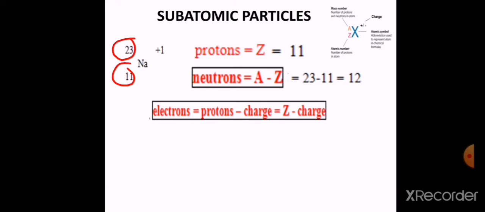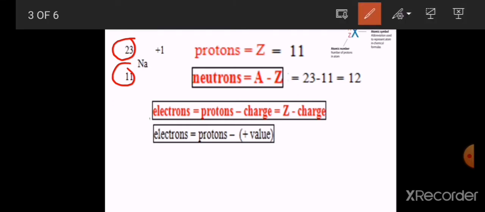And for the electrons, protons minus the charge or Z minus the charge. Okay, pero dito, ang charge natin ay positive value. Okay? Nasaan ang ating charge? Ito yung ating charge. Okay?